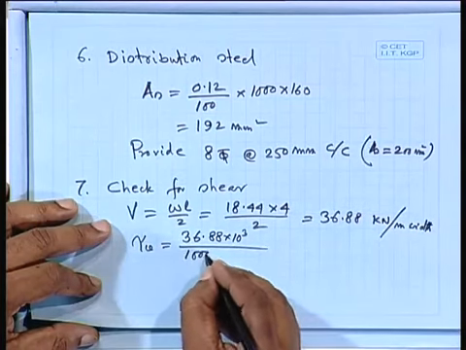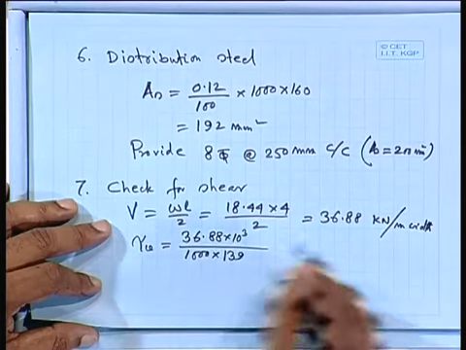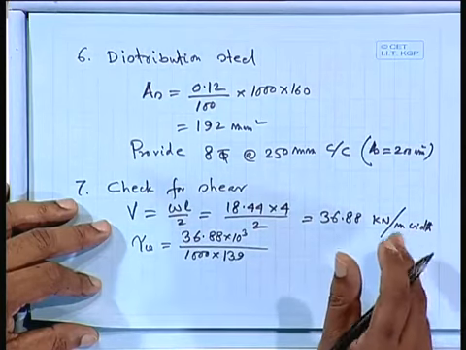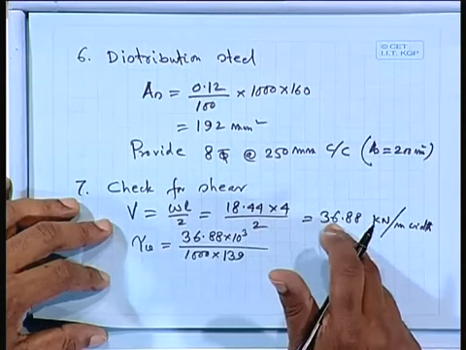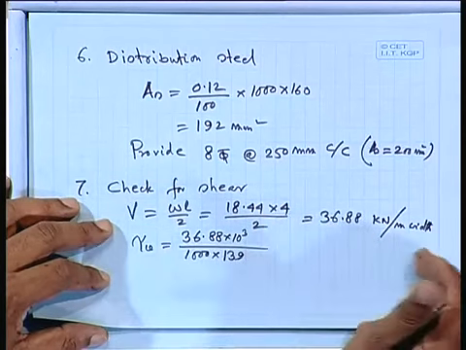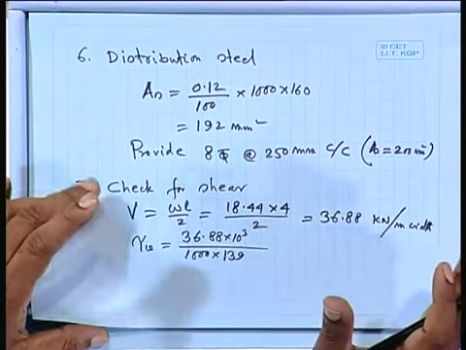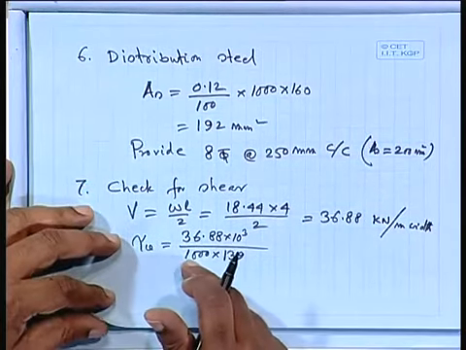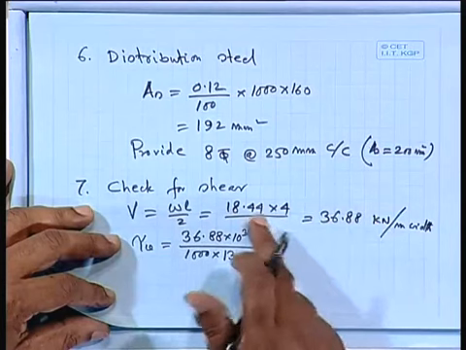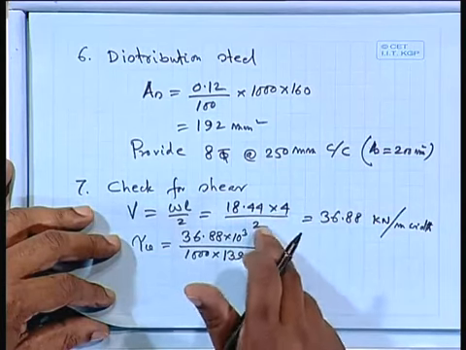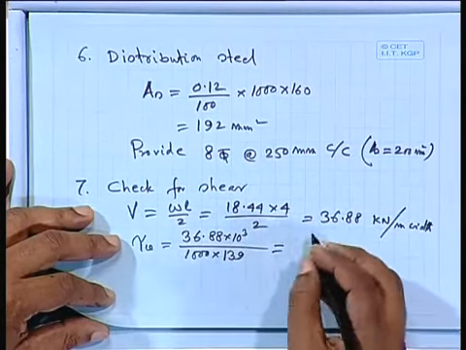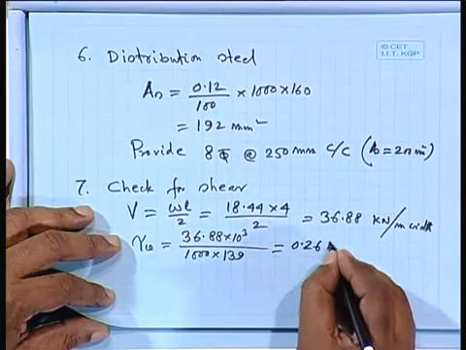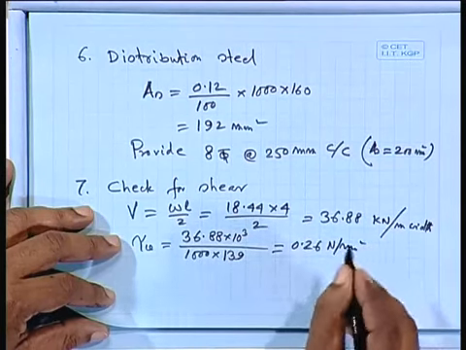So 1000 times 100. Please note which one you are putting the values for, per meter width or the total width. If it is total width, then you have to provide 1500 here, but this 18.44 is per meter width, so it comes as 0.26 Newton per square millimeter.